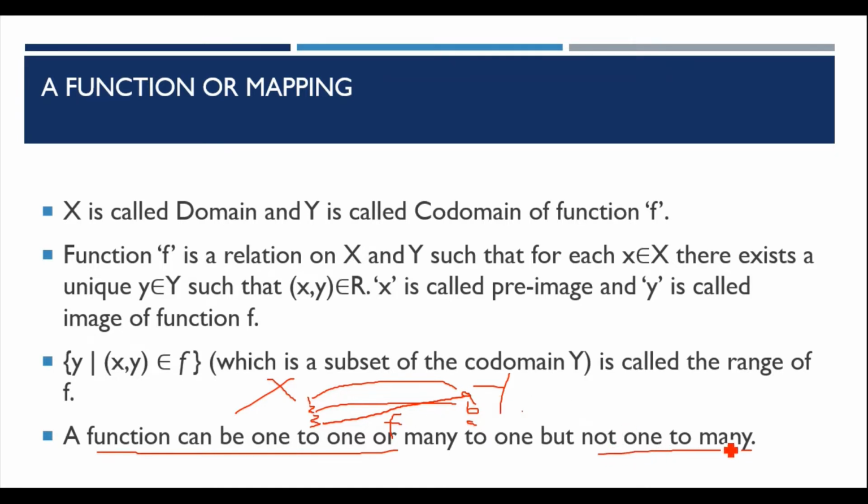Meaning many elements under set X are assigned to only one element of set Y. Two elements under set X are assigned to the same element in set Y. That is what is meant by one-to-one or many-to-one, but not one-to-many.